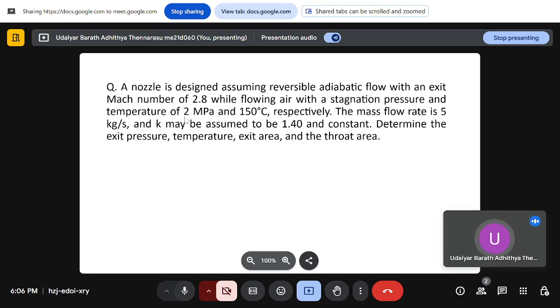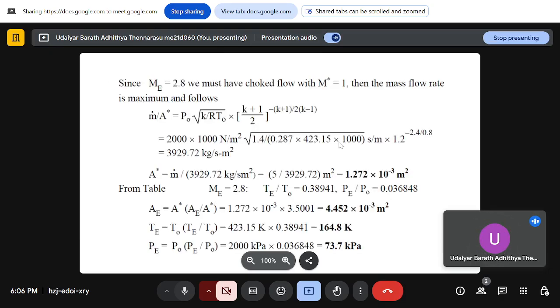Determine the exit pressure, temperature, exit area and the throat area. What is given is the exit Mach number, the stagnation pressure and temperature, and also the mass flow rate. We need to find the exit pressure, temperature, exit area, and also the throat area. We'll see how to solve this.